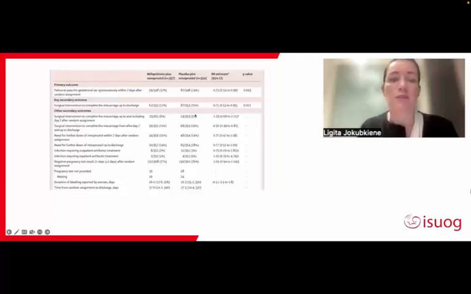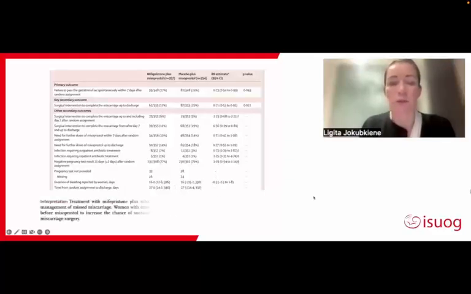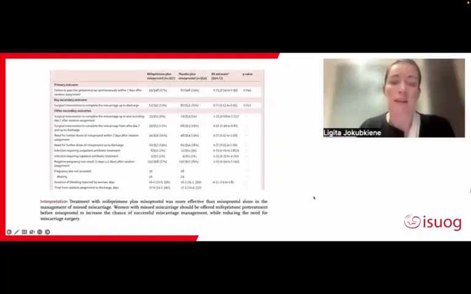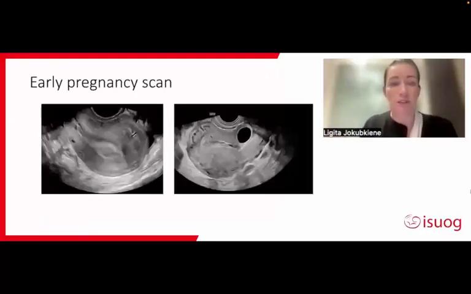For the secondary outcome, which was surgical intervention to complete miscarriage, we can see that more women in the placebo group required a surgical intervention. We can also see for the other secondary outcomes that they were very similar between the groups. It has been concluded that mifepristone and misoprostol was more effective than misoprostol alone in management of miscarriage.